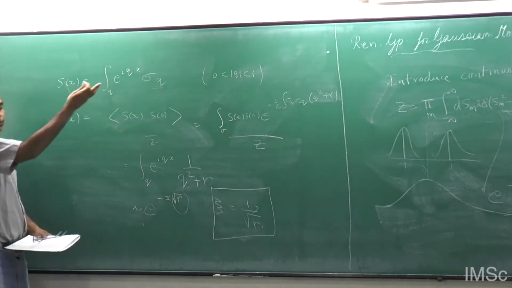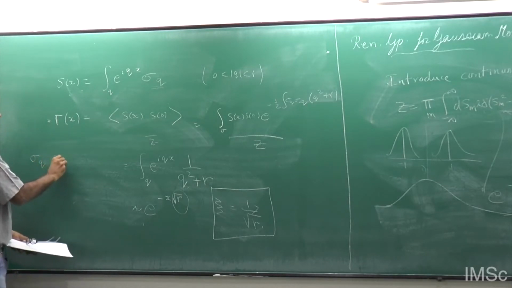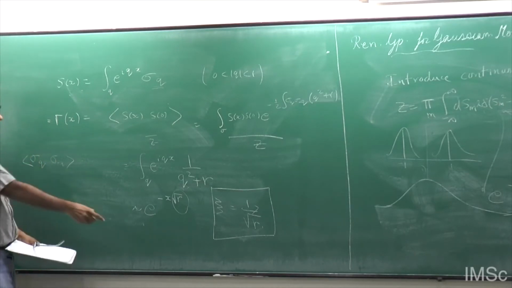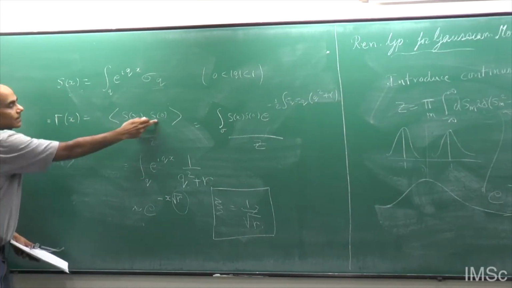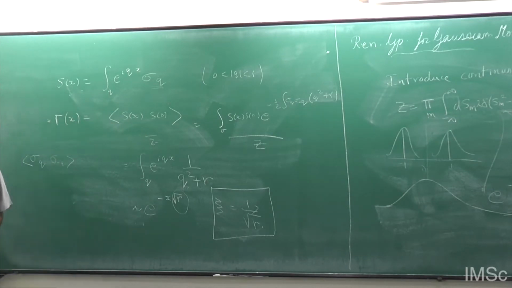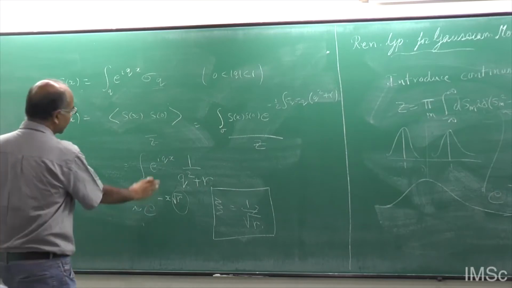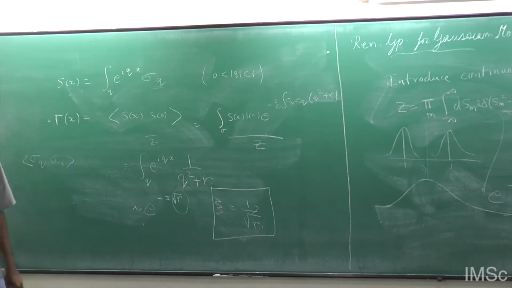You can work with sigma q if you want. You can say sigma q, sigma minus q correlation, and you'll get the same thing. In momentum space, that's this. This is the Fourier transform of that. So if you undo this thing, you will get that.